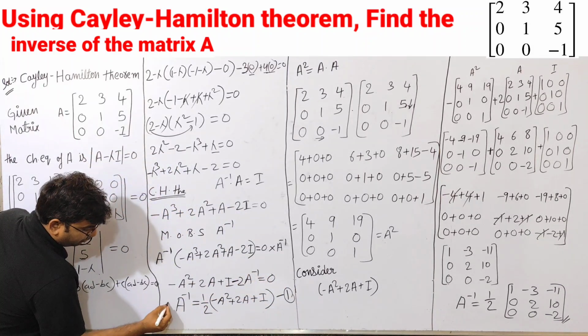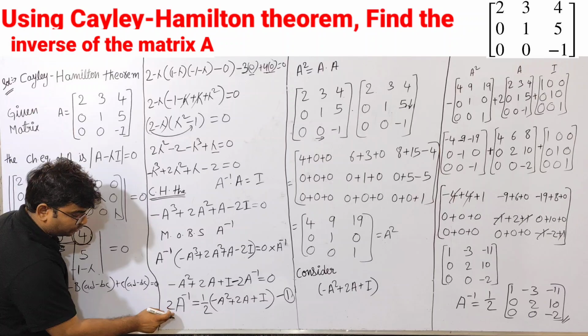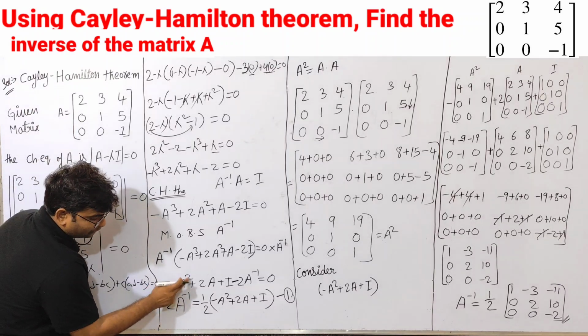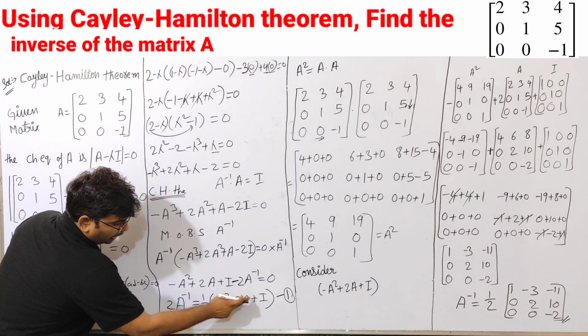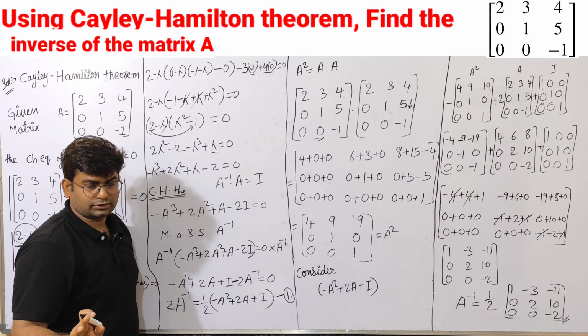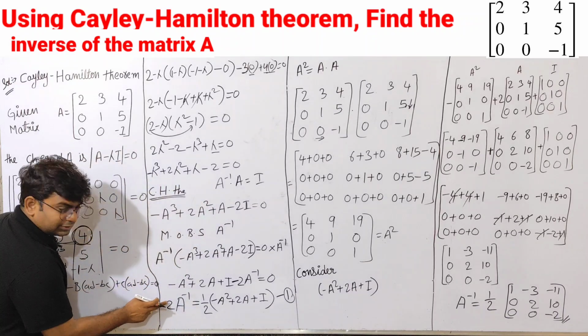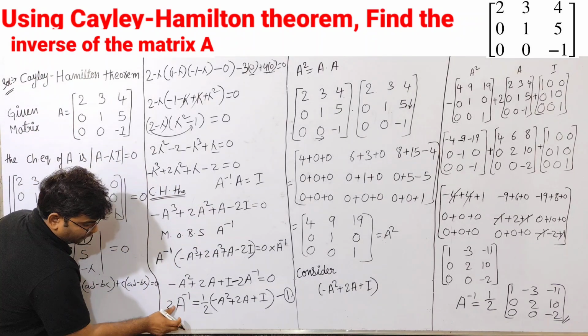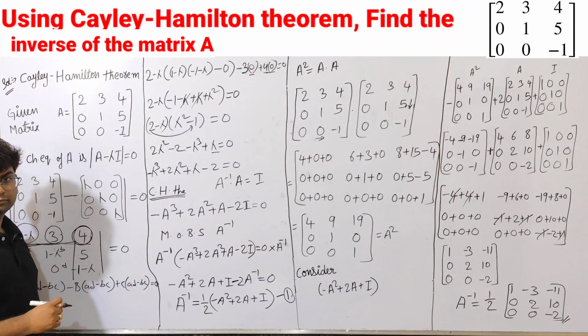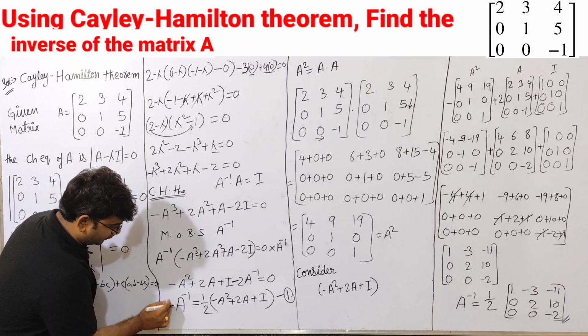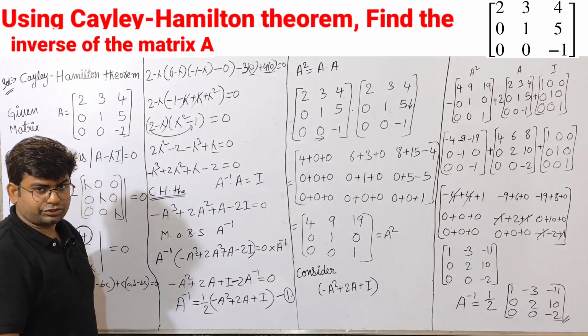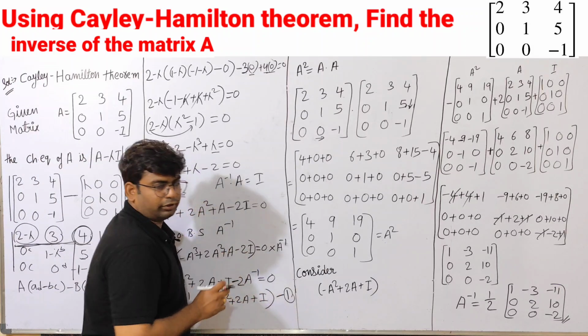We'll get plus 2A inverse, and the rest A square, 2A and I we should take as this. After this, send this to the other side, we got 1 by 2. Isn't it? If you send 2 to the other side, it will become division. So now this is the equation 1.